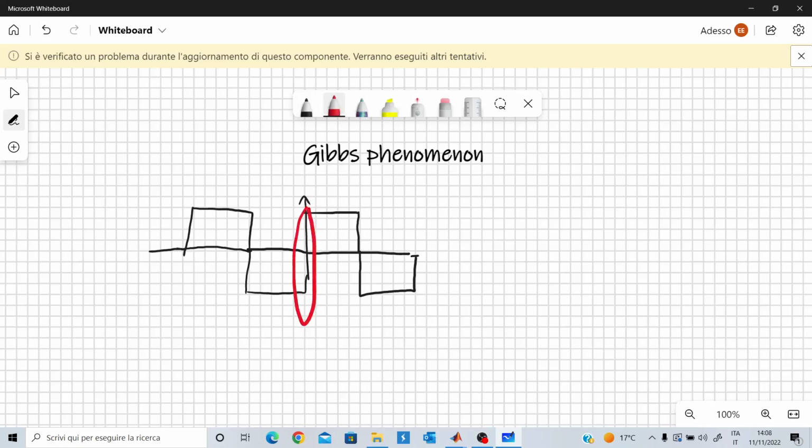At the points of discontinuity, so here, here, here, the Fourier series representation will showcase a so-called overshoot. So the function will be approximated by using sinusoids, and here in the neighborhood of the point x equals 0 in this case, there is an overshoot.